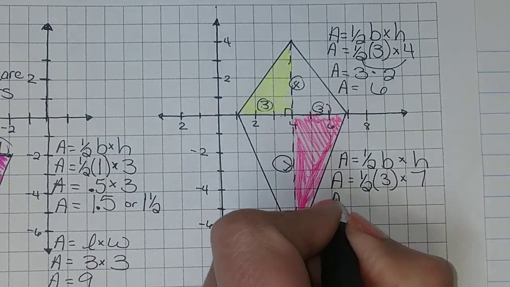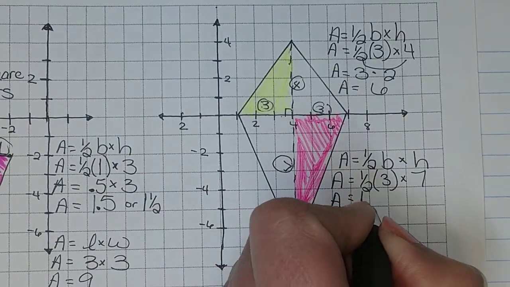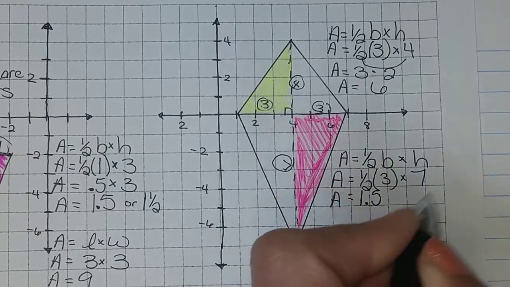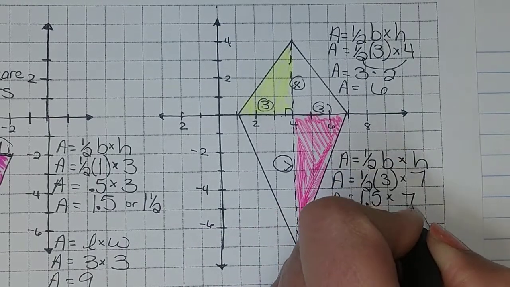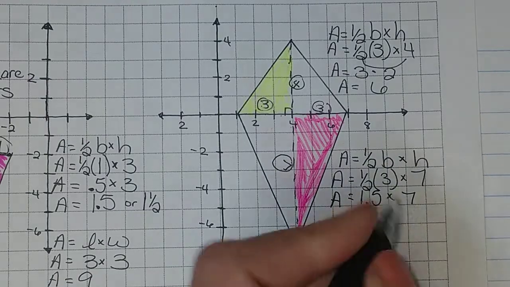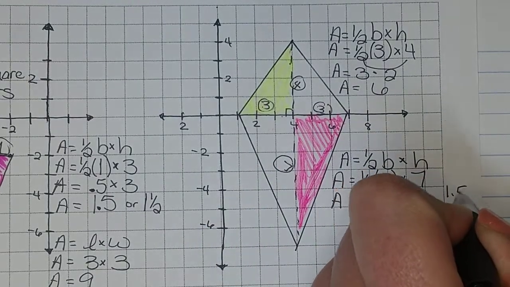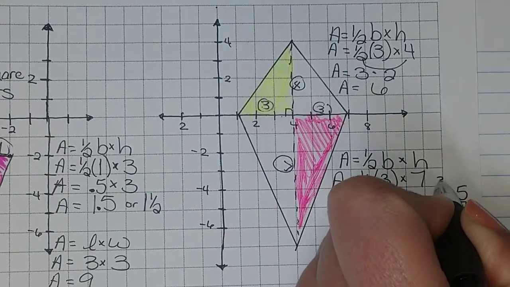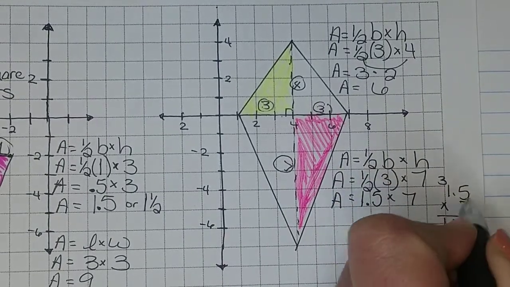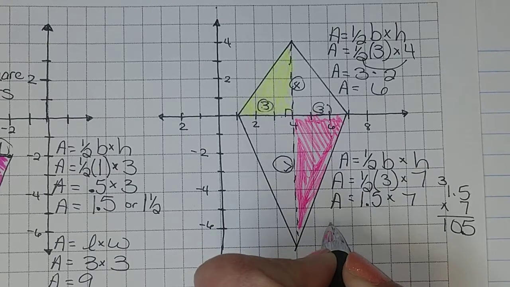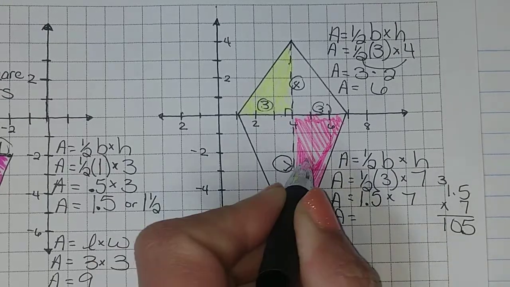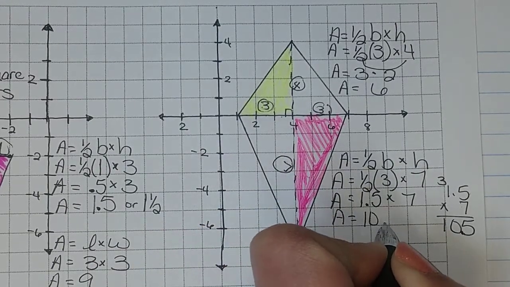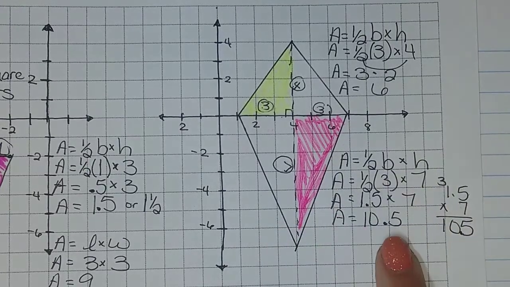Half of 3 is 1.5. 1.5, to make it a little easier, times 7. I'm going to work the math out here on the side, just to make sure I get it right. Moving my decimal point over, the area for each of these triangles is 10.5.